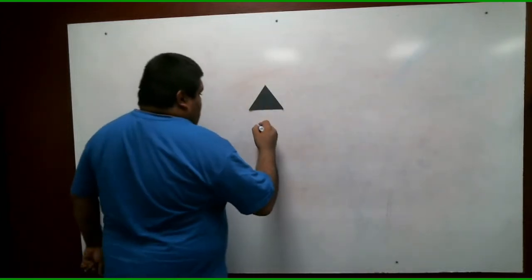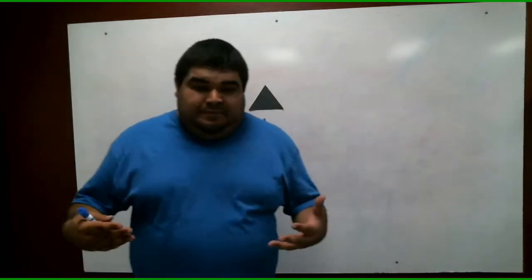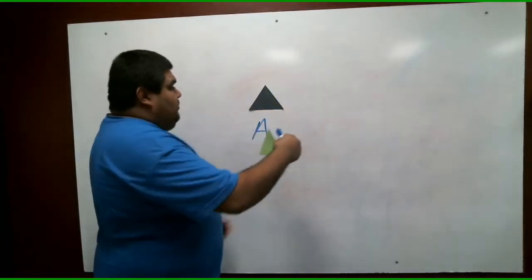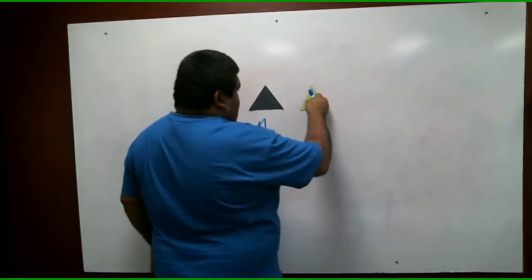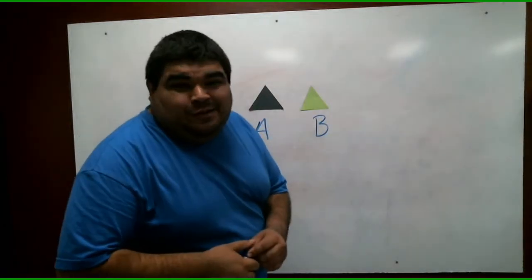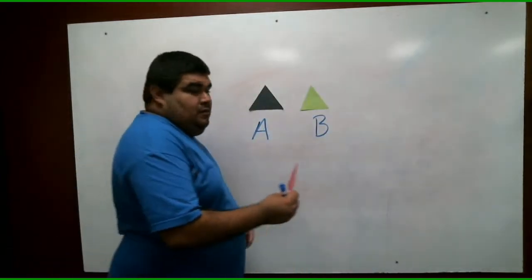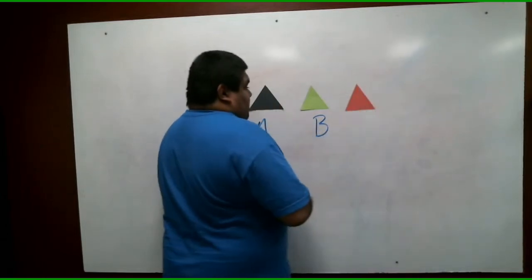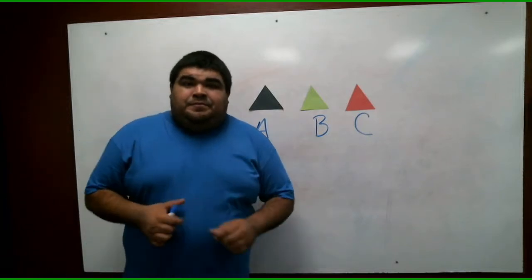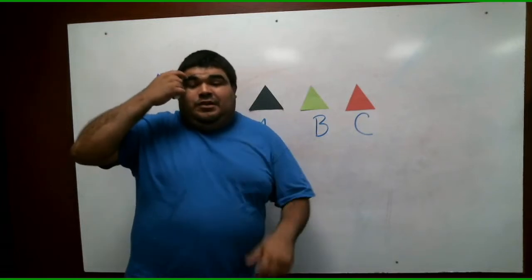Then we have an object B. We have this other triangle that is object B. But wait a minute. We have this third object that is C. Notice that you have 3 different triangles, different color triangles, shall we say.